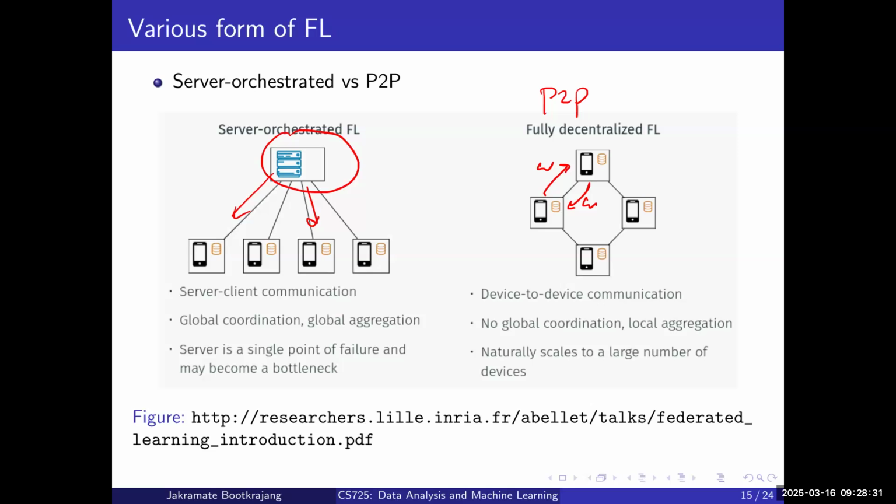Because at some point, you'll be in contact with maybe some of the devices, and you would combine them the same way as the central server does, or you would try to do something different. So these are the four forms of federated learning. You can have multiple setups. Sometimes you would try several of them and then compare which one would perform better on some data set.